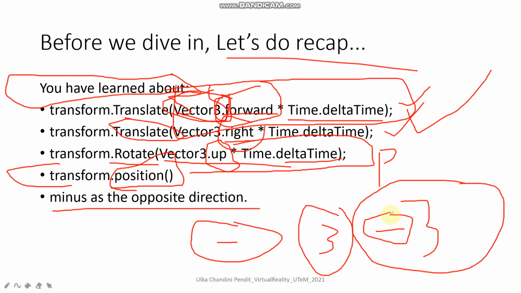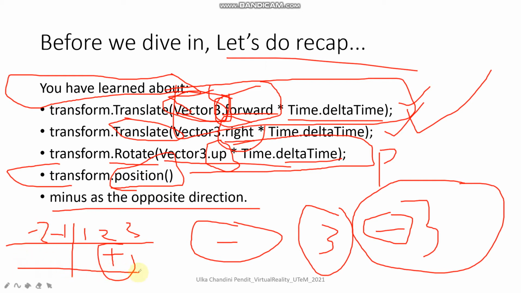Minus means left, like you have the xyz, so this is positive: 0, 1, 2, 3. But if you go minus, it will be minus 1, minus 2. So this is where the minus comes from. Just remember minus means left and no minus means right, or basically the opposite direction.